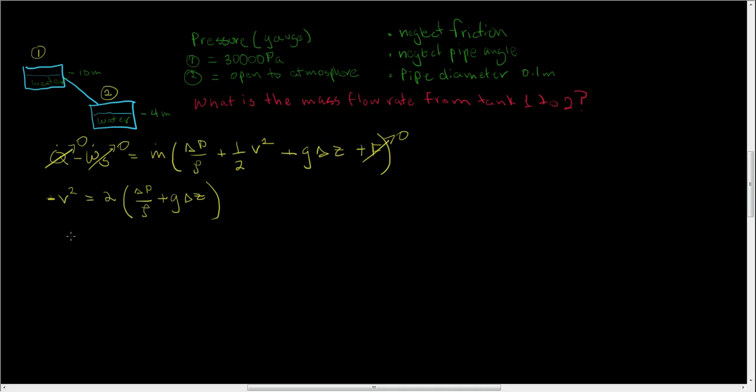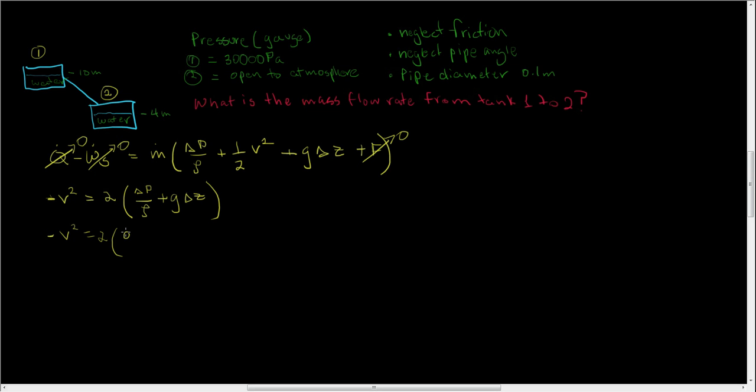For our pressure, we do the difference, so tank 2 minus tank 1. Tank 2 is open to the atmosphere, so the gauge pressure there is 0.